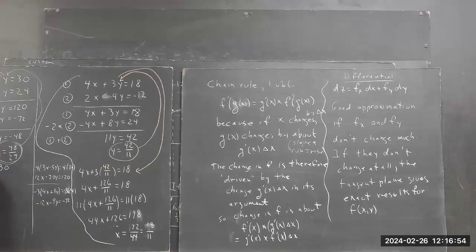And y is going to be 48 over 29. That's going to give us 3x minus 240 over 29 equals 30. Multiply both sides by 29.